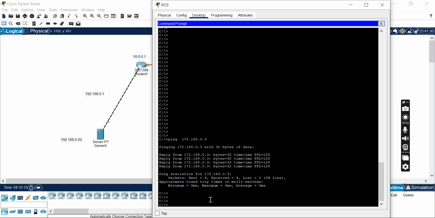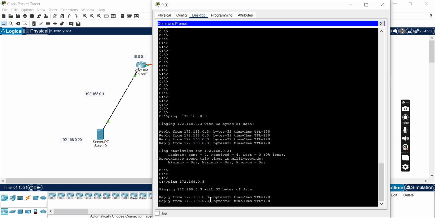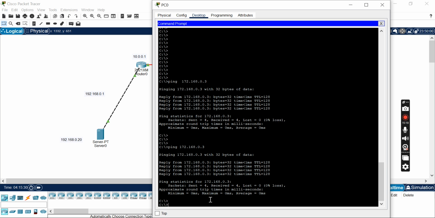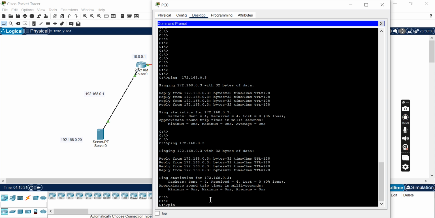Okay, so from here, if I write ping 172.168.0.3, the reply is coming successfully. But what will happen next when I try this process on my server IP address? Okay, so let's see that: ping 192.168.0.20.